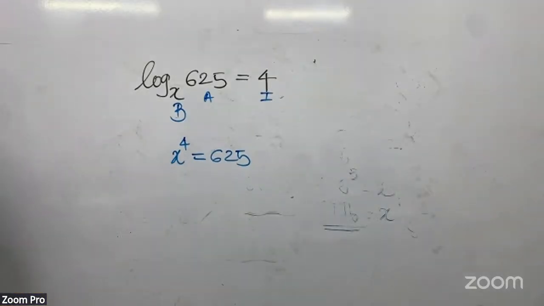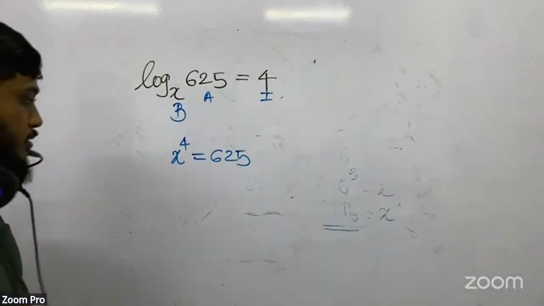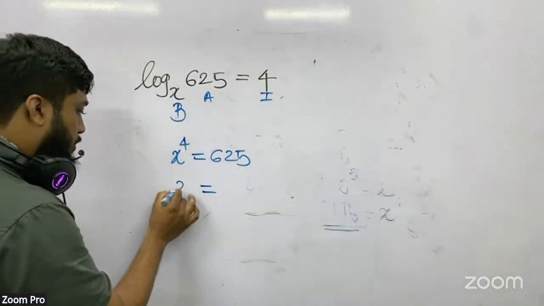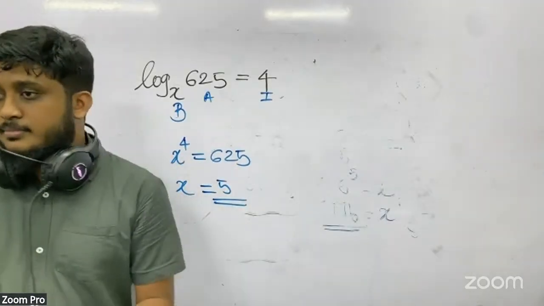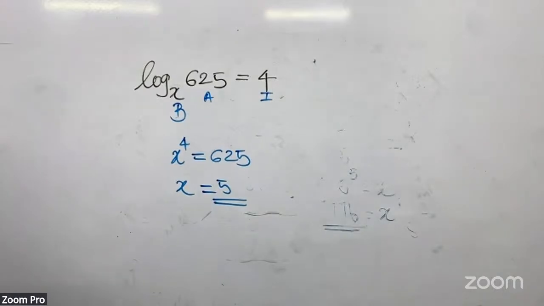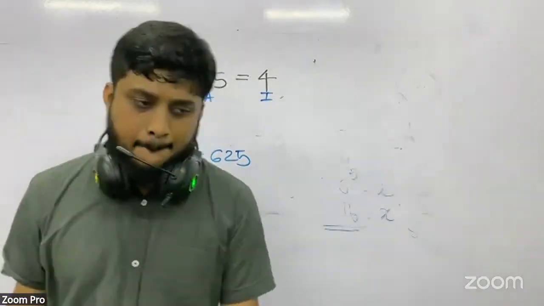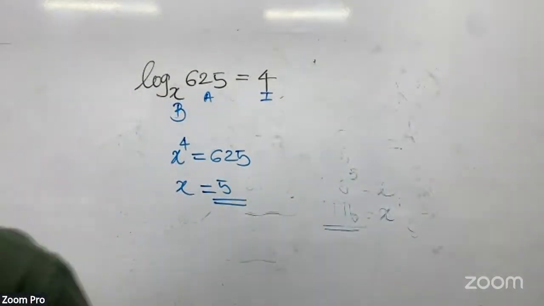See in the table. I have given a table. See that table. Which one to the power 4 is 625? 5. So x should be how much? 5. Can you see 5 to the power 4 only 625? Is it 100% clear? Right.